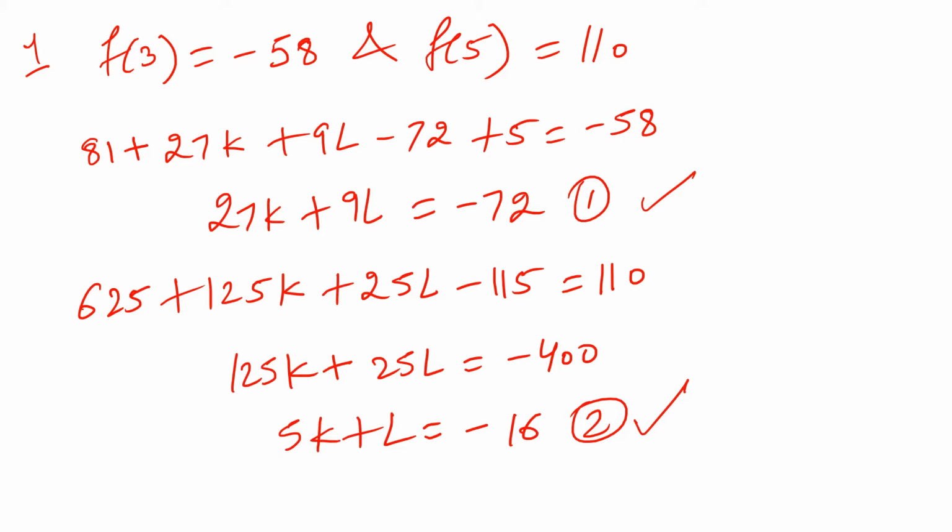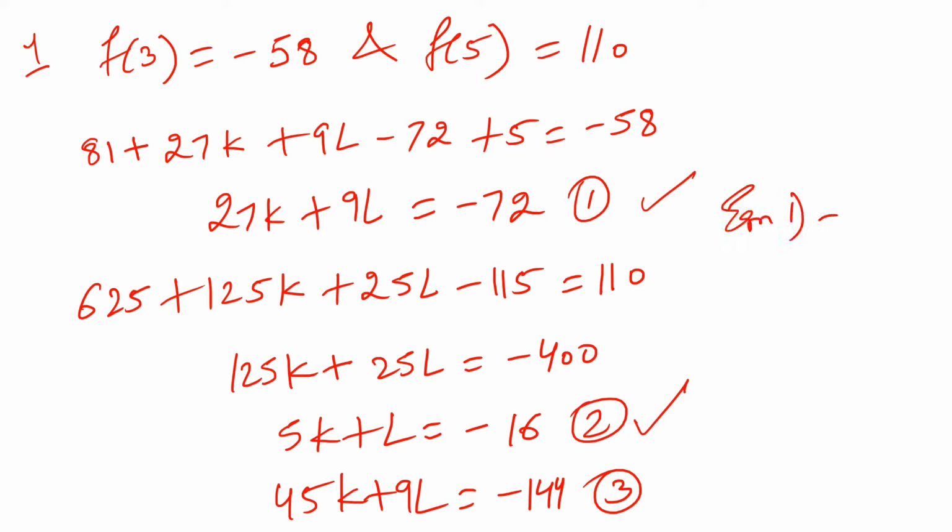If we multiply the second equation by 9, we'll be getting 45k + 9l = −144. Let's call it equation 3. And if we subtract equation 3 from equation 1, what do we get?